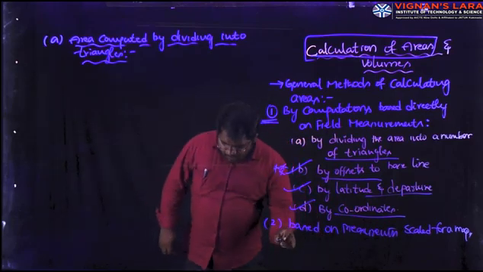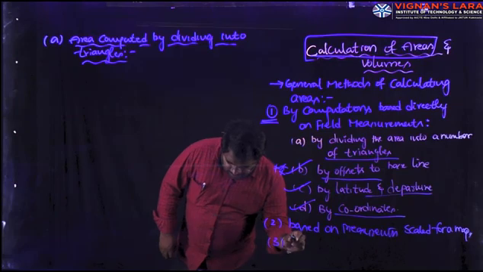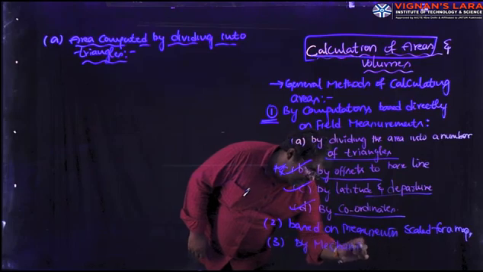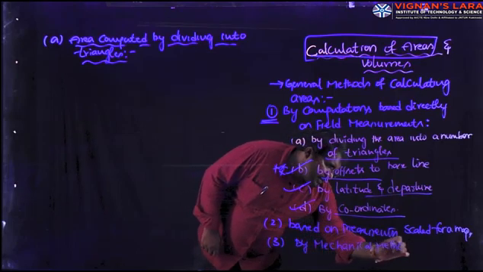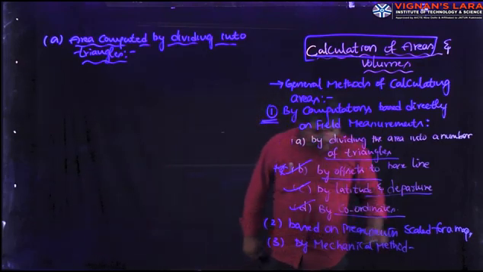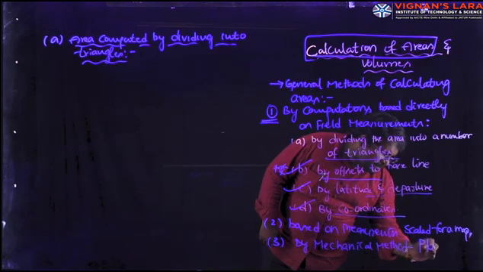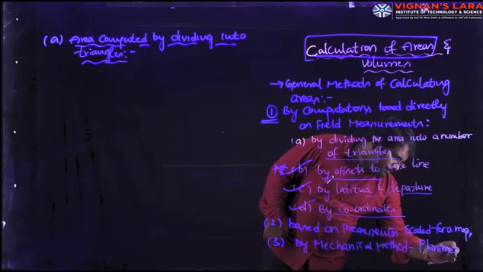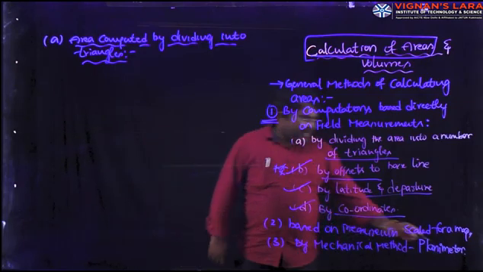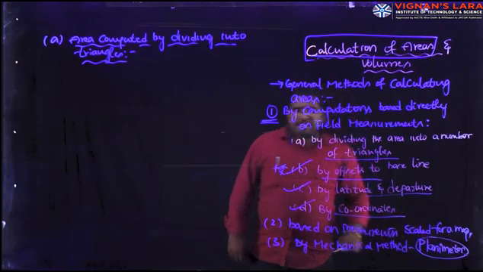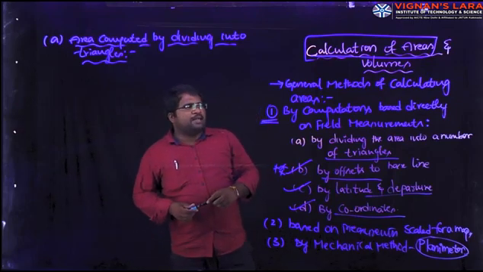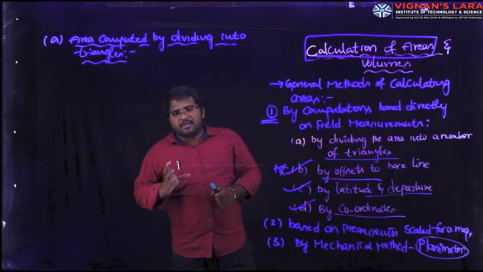Finally, we use a very important method called the mechanical method, in which we use an instrument called a planimeter to measure the given area. So these are the three main methods for the calculation of areas.